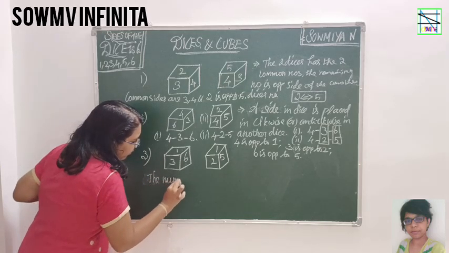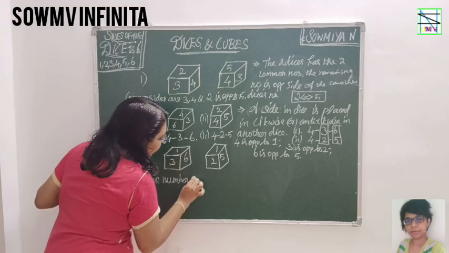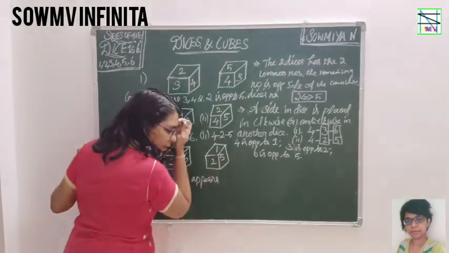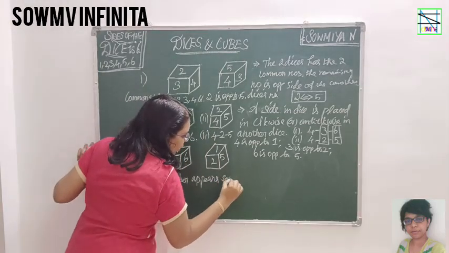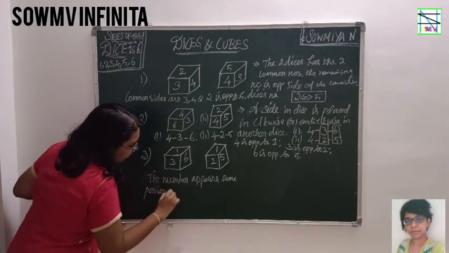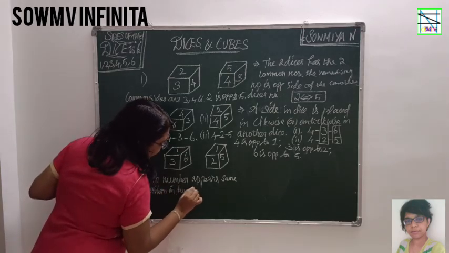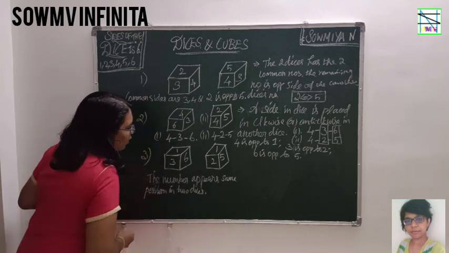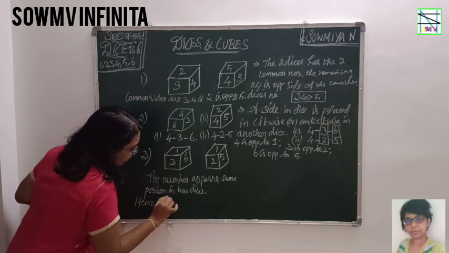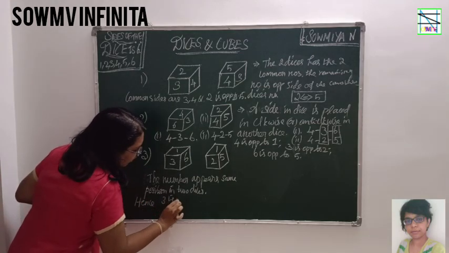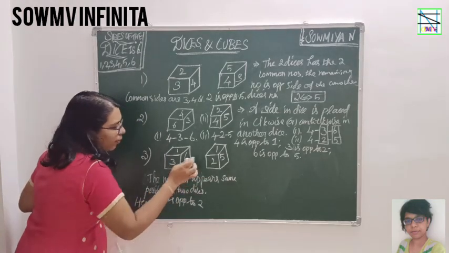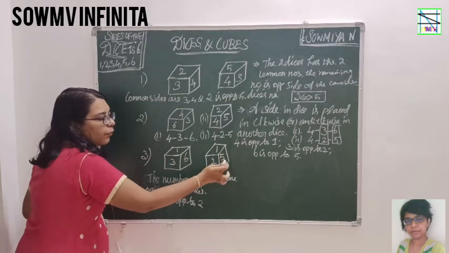When the number appears at the same position in two dice, hence 3 is opposite to 2 and 6 is opposite to 5.